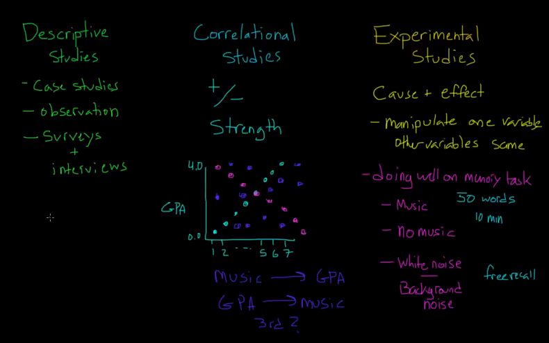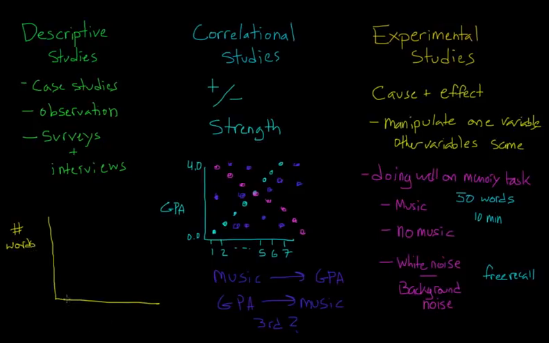So if I look at my results, what might I see? Maybe on the y-axis, I'll just have number of words recalled. And then on the x-axis, I'll have my different conditions. So I'll have my music group, which I'll symbolize with this M. I'll have my no music group, which is NM. And then I'll have my background noise group.